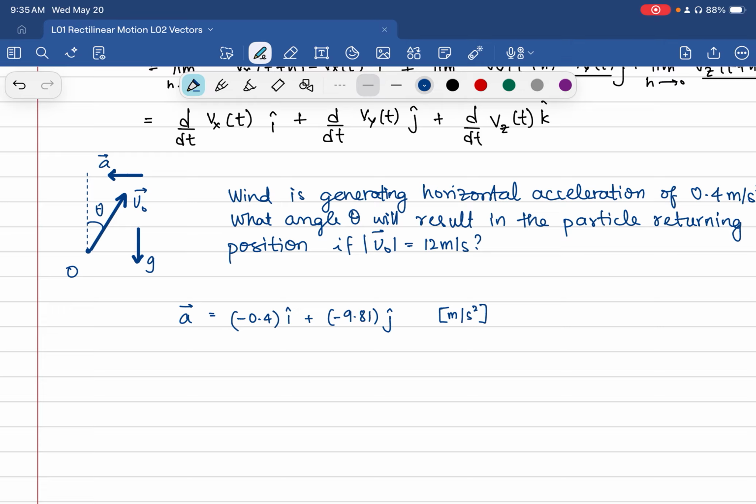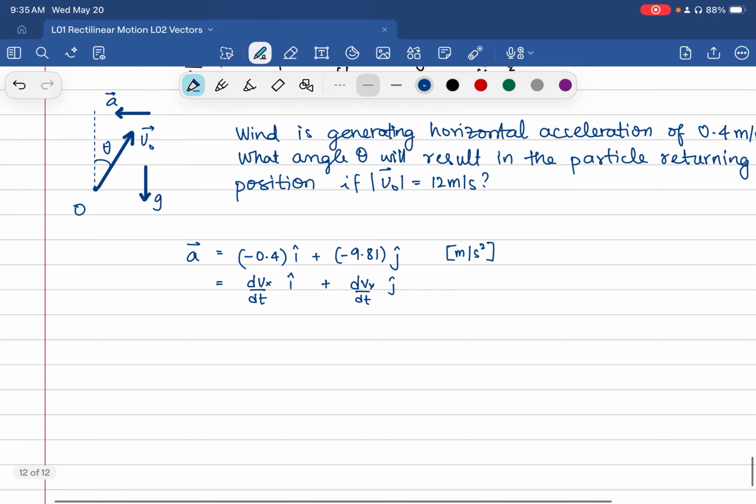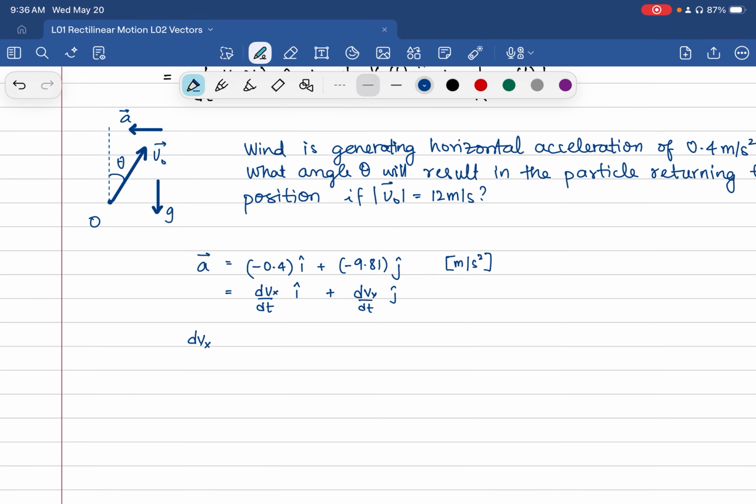So this here is equal to dvx/dt along i hat, and this here is dvy/dt along j hat, which means I could then write dvx is equal to minus 0.4 dt and dvy is equal to minus 9.81 dt.